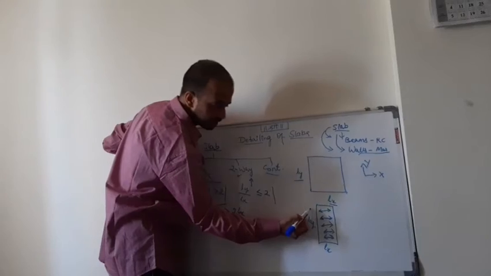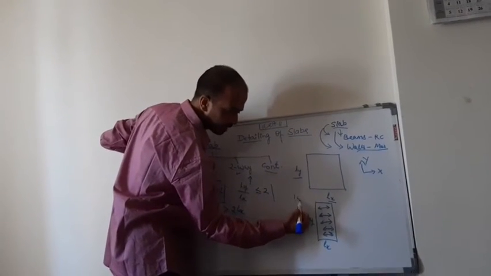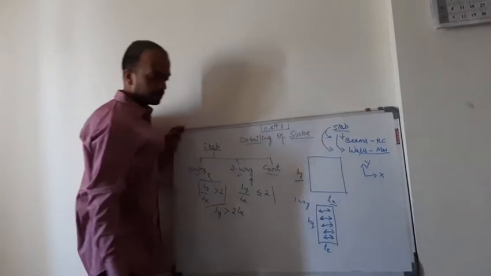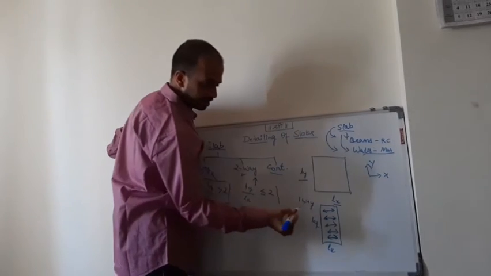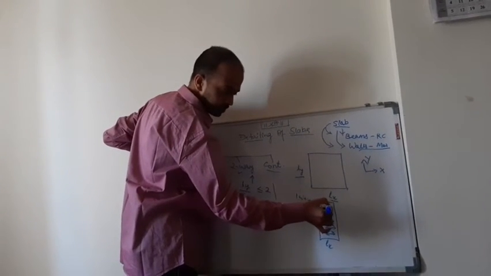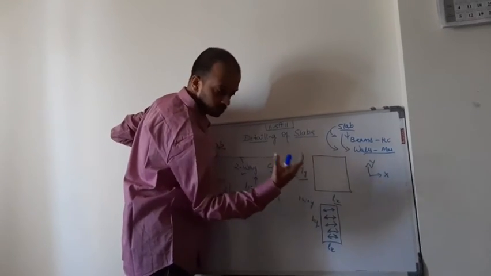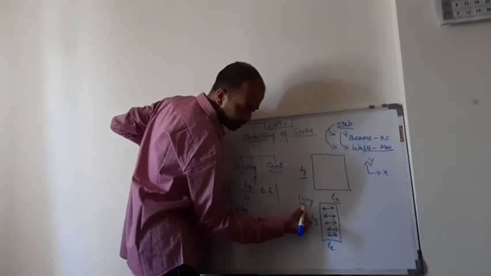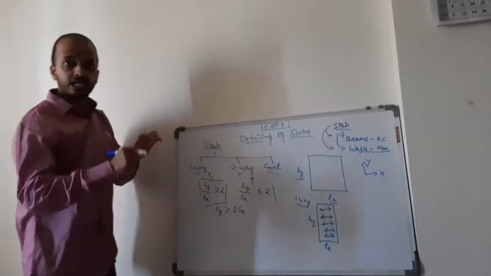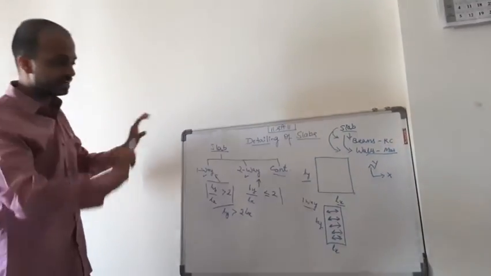Okay, so this type of slab is called as one-way slab. Right? The concept here is, if the transfer of the load takes place along only one direction, that is along the shorter direction, then we call it as one-way slab because the transfer is along only one direction.